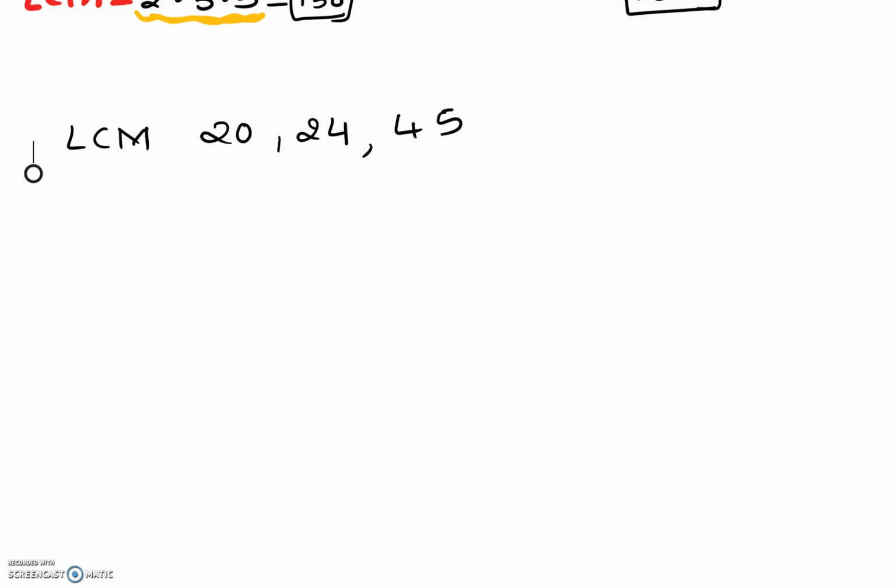Now, my favorite method, a very quick way to go, is just to use the table method. So I'm going to use the table method. I'm going to place 20, 24, 45 in a row like this.